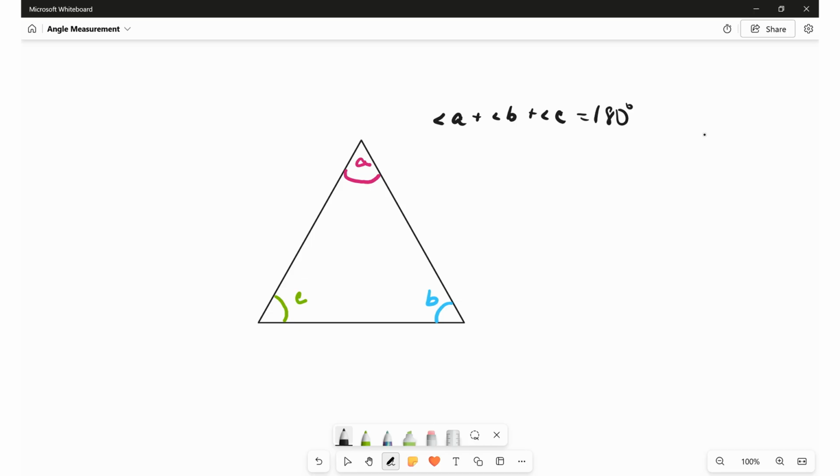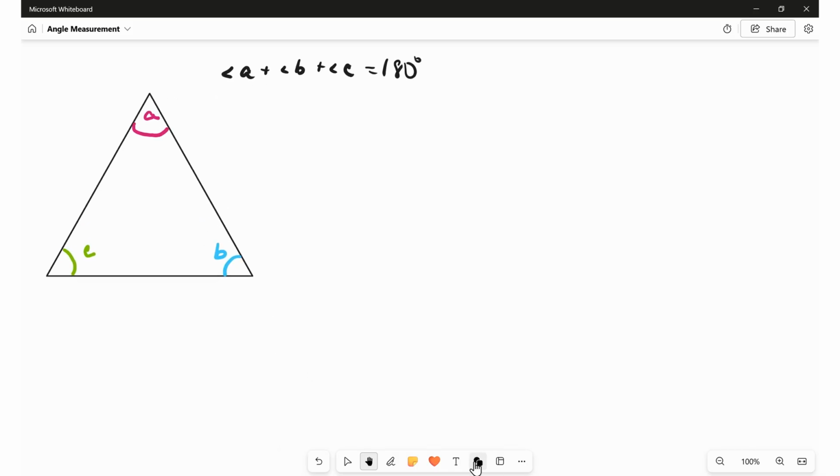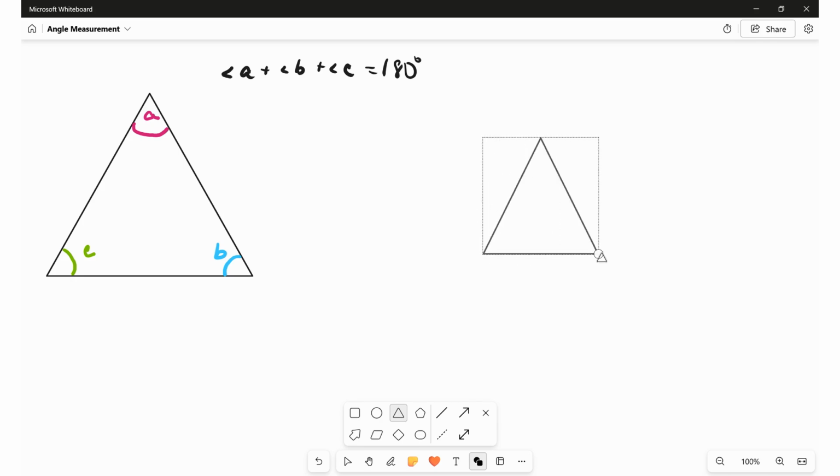So, one example that we can kind of consider here, okay, take this and slide it over just a little bit. So let's consider this. Let's say that we have this triangle here.